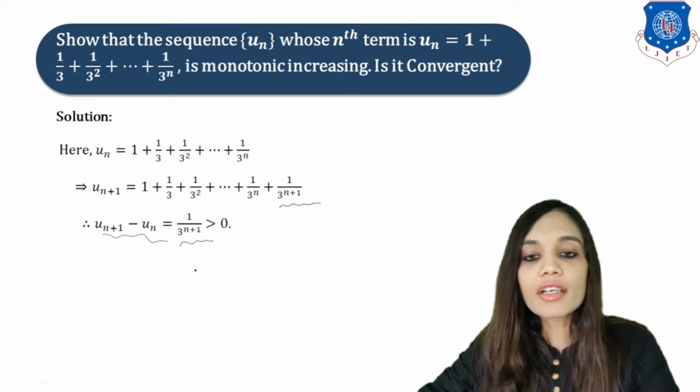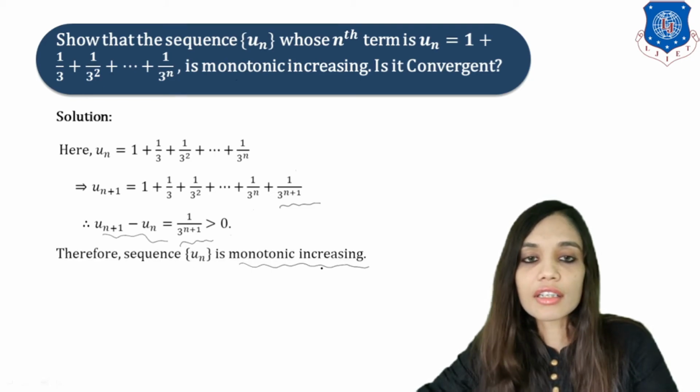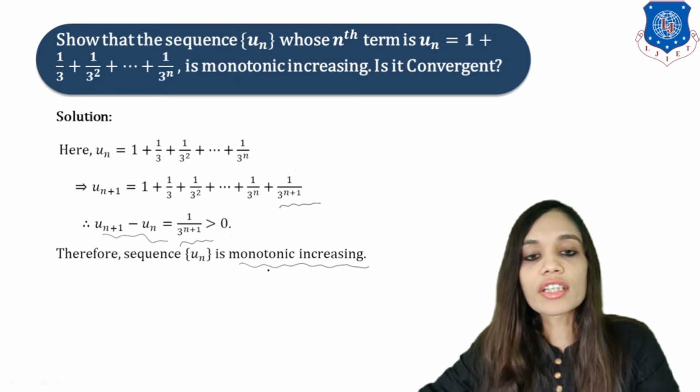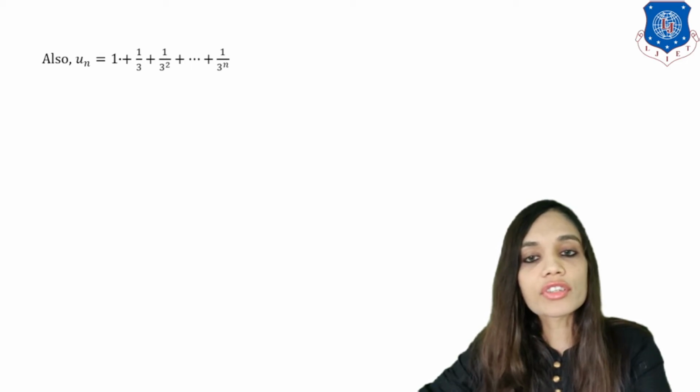So what can be said? That the given sequence is monotonic increasing. Now we have to check whether it is bounded or not. So again write your un, which is equal to 1 plus 1 upon 3 plus 1 upon 3 square plus 1 upon 3 raised to n.